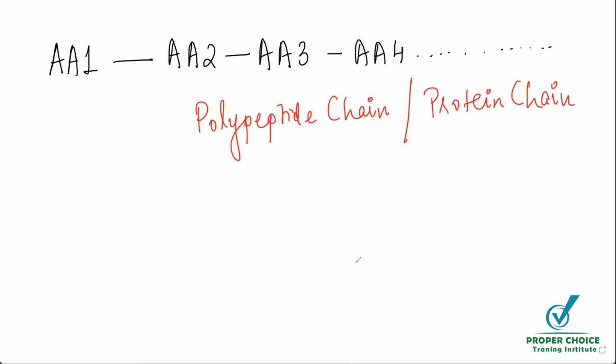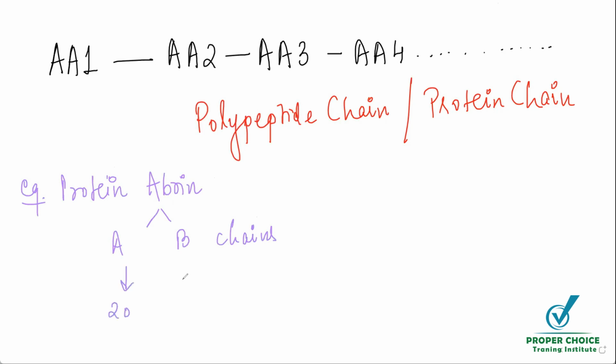Now see, how many peptides should it be to be considered a polypeptide? It depends upon the protein. Suppose there are two chains in a protein. For example, let me take a protein named abrin. Abrin is a protein having two chains, A and B. Two polypeptide chains are there.